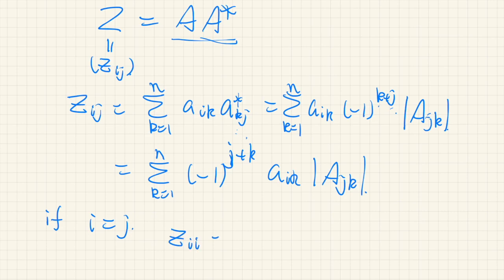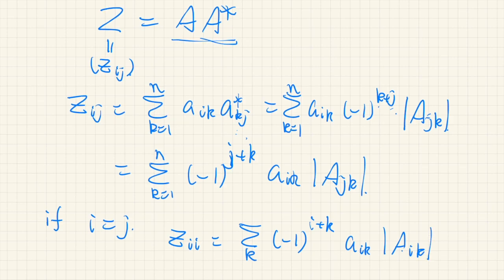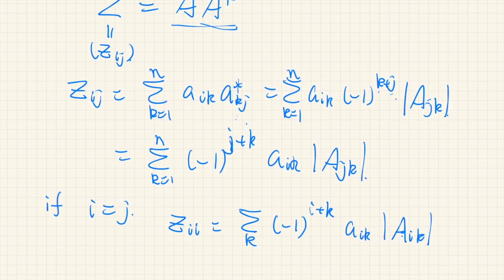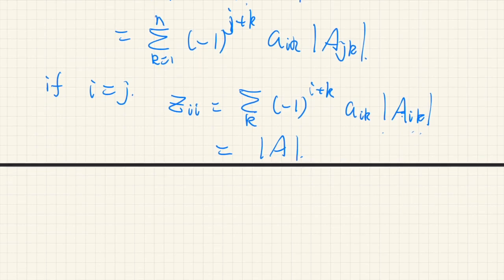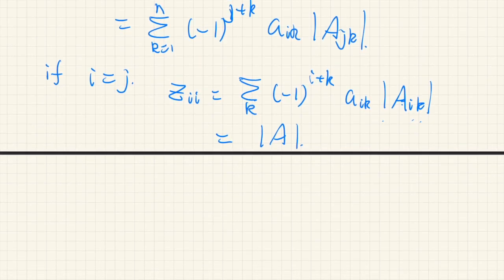Zii is the sum over k, and j is i, and aik and aik. So j is equal to i, right? So this is the definition of a matrix determinant. So this is actually equal to the determinant of A, right? Okay, so that's fine.